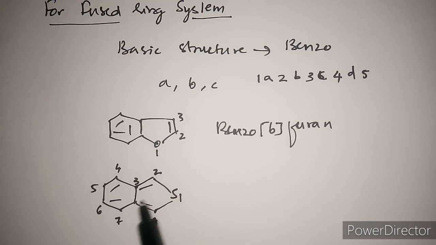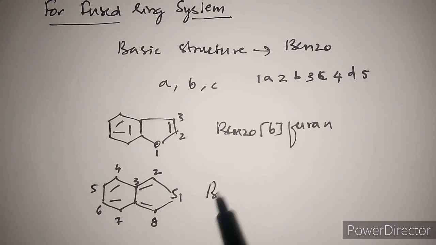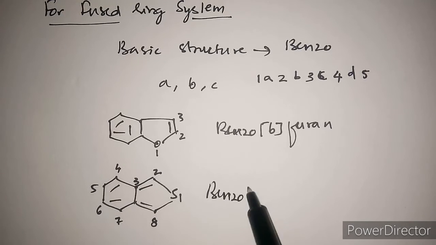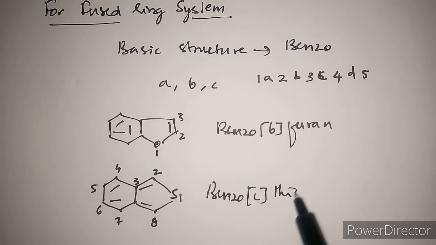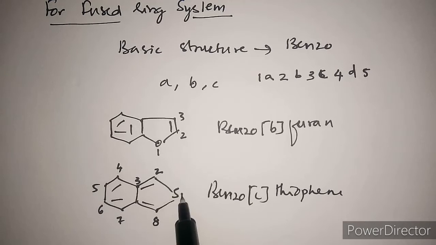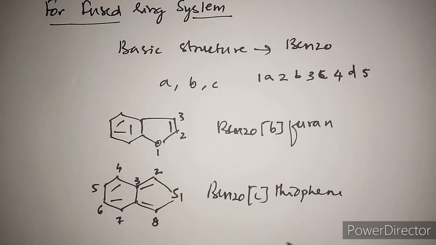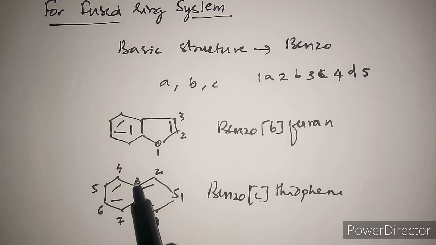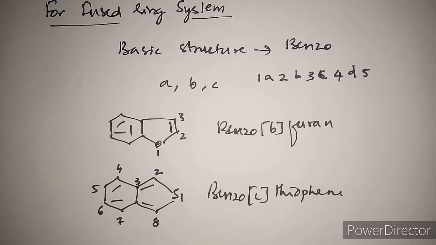So 3, 4, and 3, 4 means C. So benzo[c]thiophene. So we have to go for 3, 4, but the actual numbering goes in this direction, in order to identify the locations of the fusing. So benzothiophene.